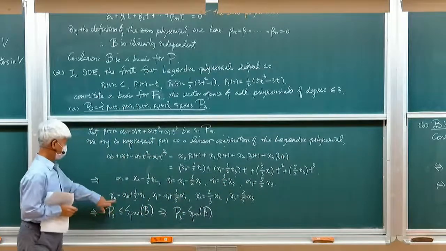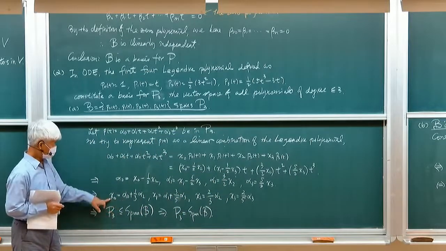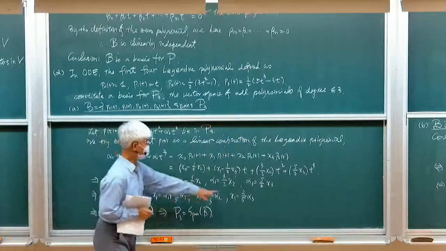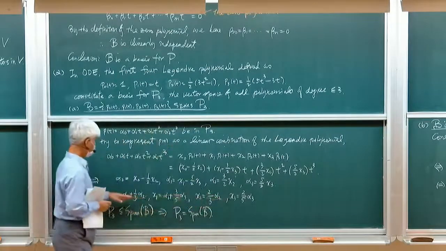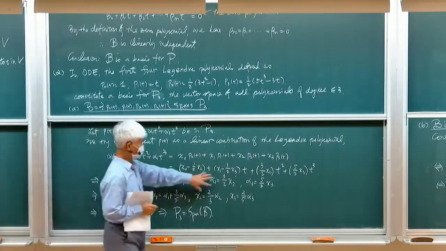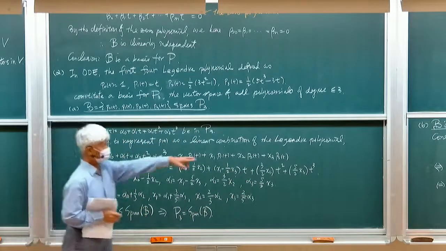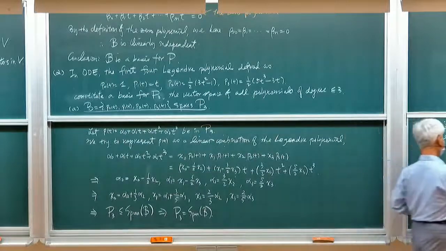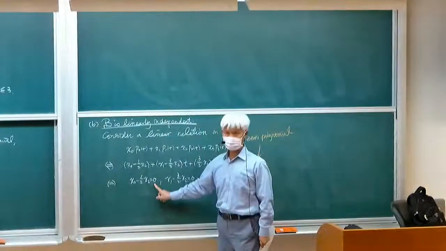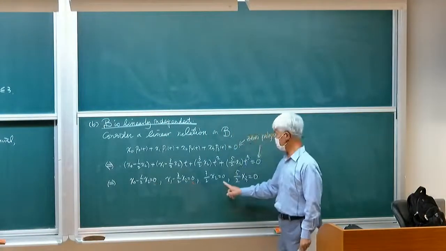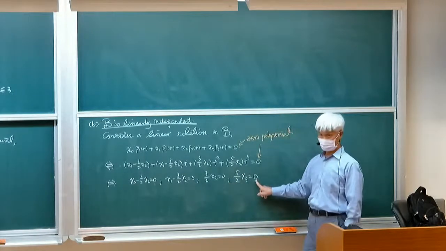So this is a solution of x0, x1, x2, x3 by using alpha 0, alpha 1, alpha 2, alpha 3. Okay, but as we know from here, alpha 0 is 0, alpha 1 is 0, alpha 2 is 0, alpha 3 is 0.